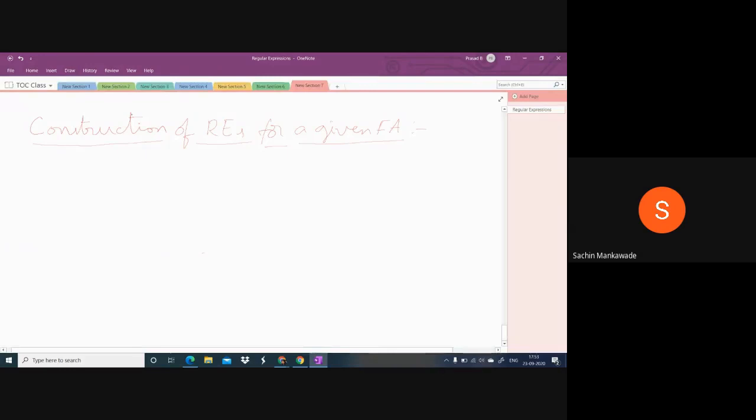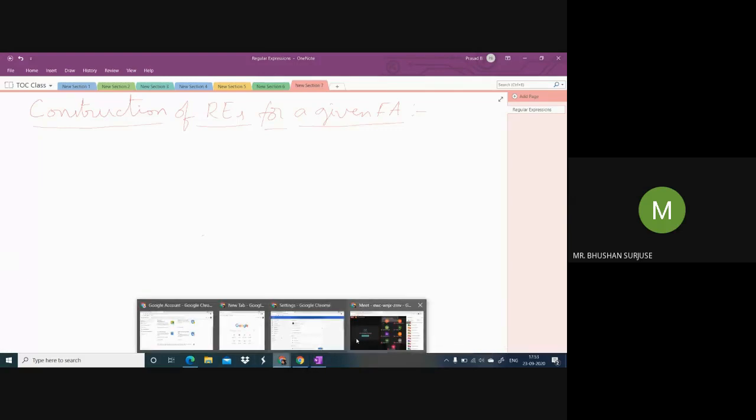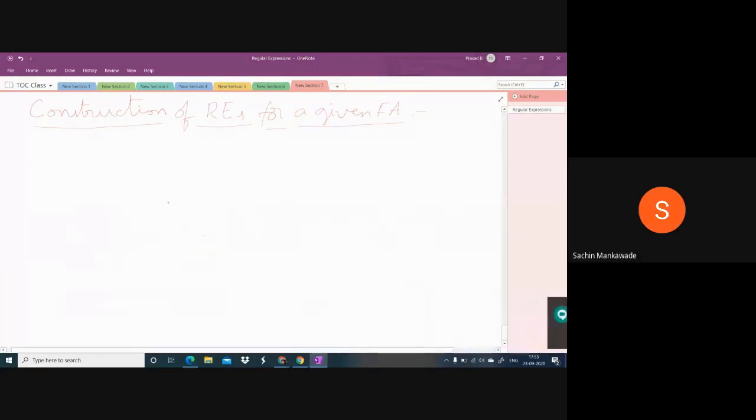Construction of a regular expression for a given automata among you? Does anyone know this one? Please respond. No, sir. How do we construct a regular expression?